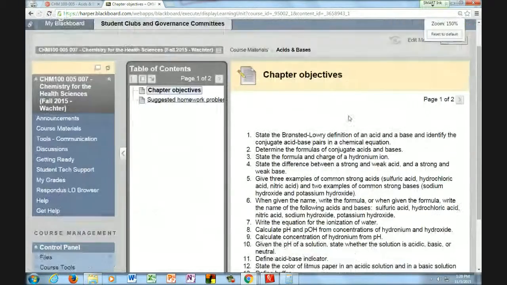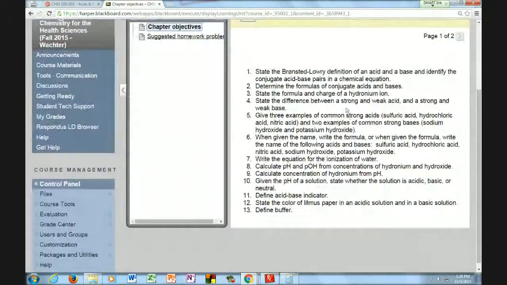Okay, so here are the things you need to be able to do about acids and bases. You need to define them. You need to find conjugate acids and bases, know about hydronium ions, strong and weak acids and bases, some examples, some names, ionization of water, pH and pOH, which we talked about.